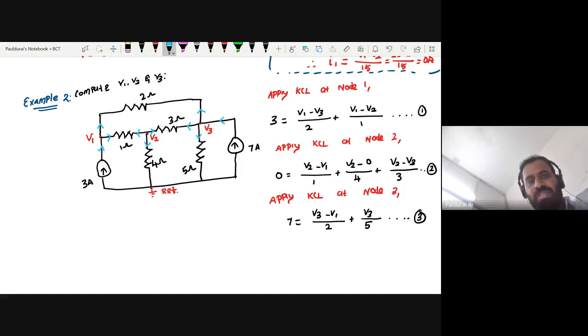So what was the third one? Plus V3 minus V2 divided by 3. Is it okay?